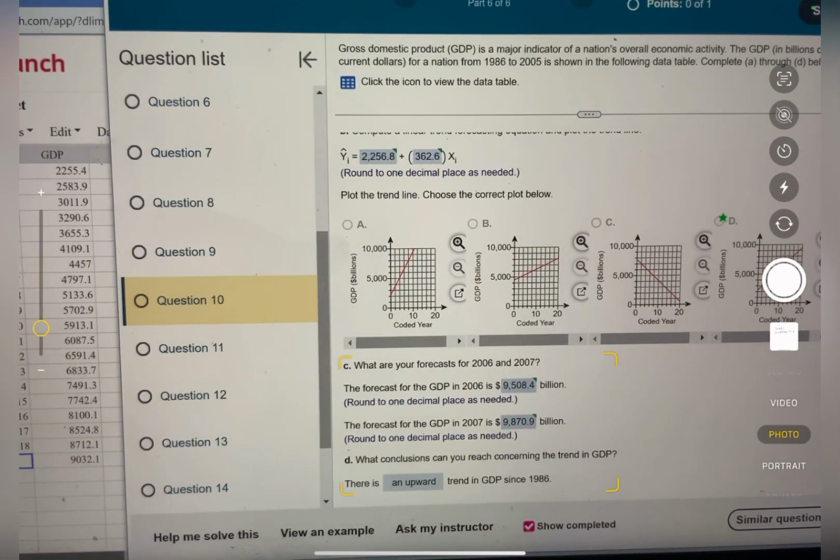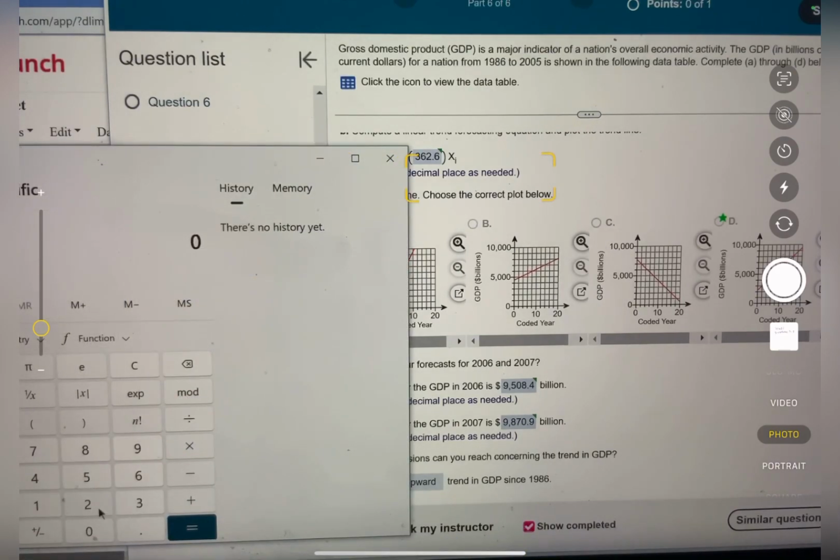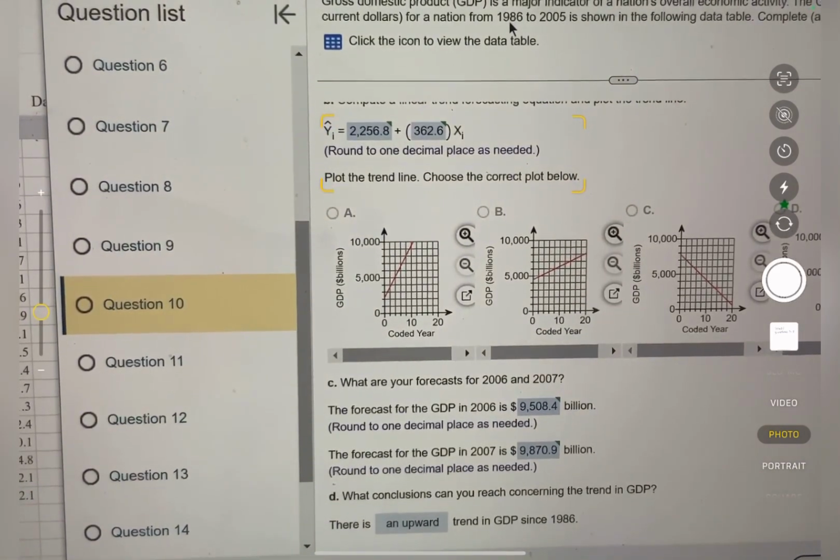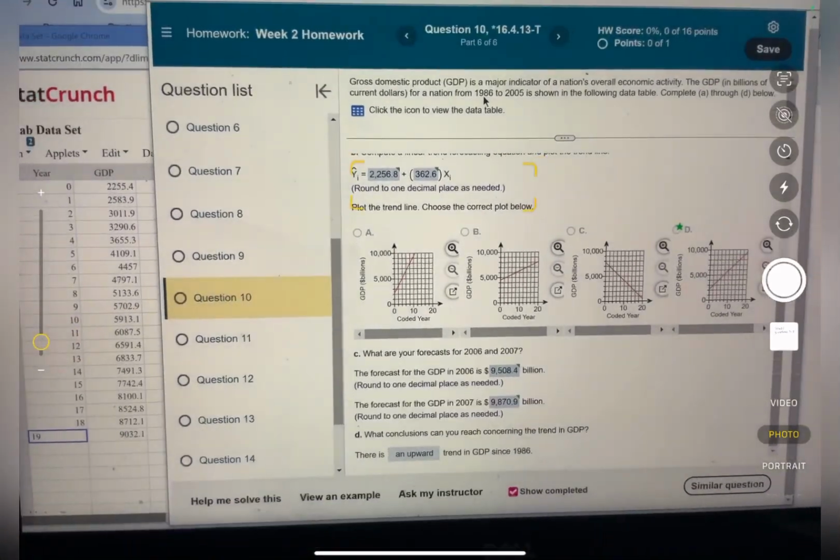So 2006, we're gonna know how many years. 2006 minus what do we have? 1986. We got 20. Here is 1986. Yes? Original 1986. So we get 20 years.